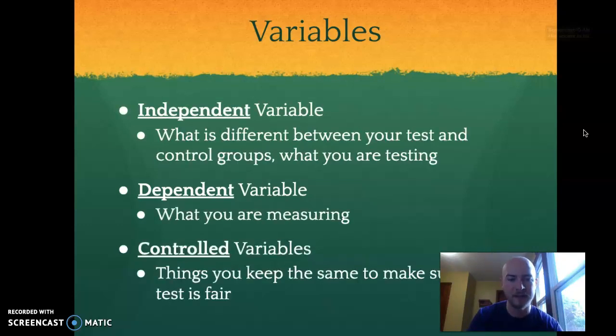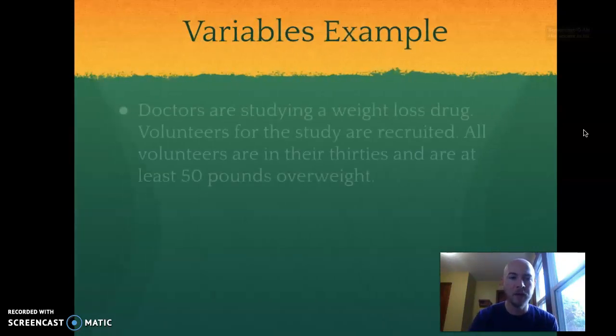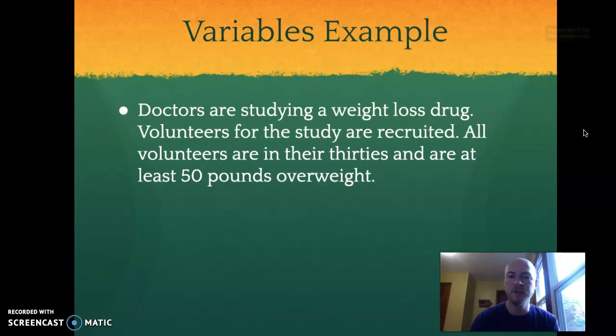So let's go ahead and practice this with the situation. All right, so here's our example. Doctors are studying a weight loss drug, and volunteers for the study are going to be recruited. All the volunteers in this study are in their 30s and at least 50 pounds overweight. Now, in this example, we need to find those 3 variables. Okay, so let's ask ourselves the first question. What are we testing?